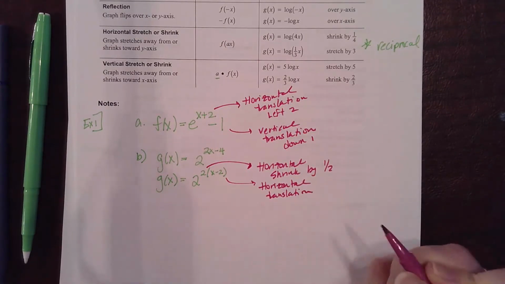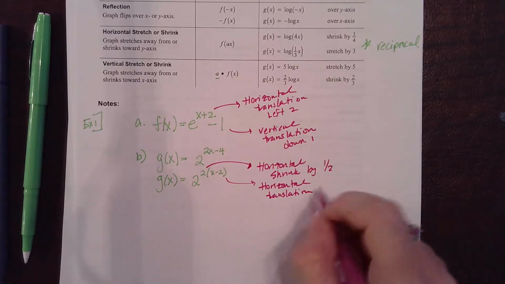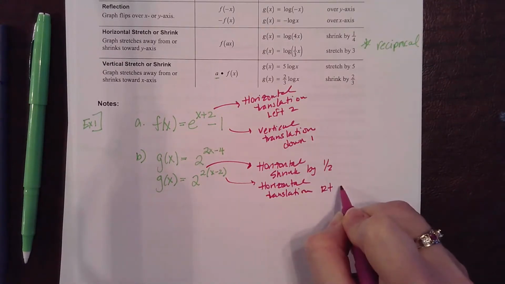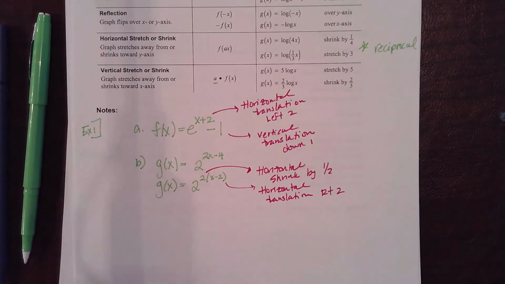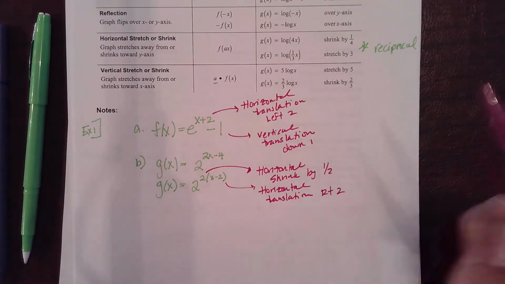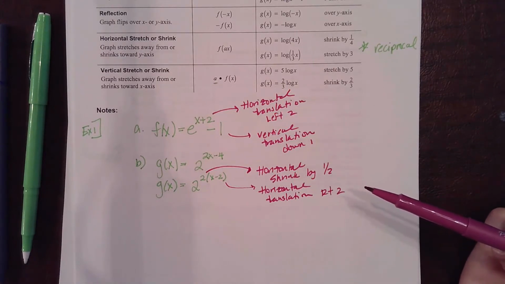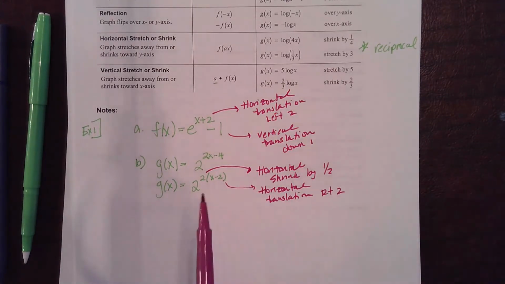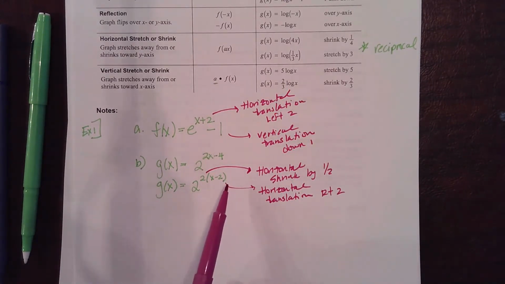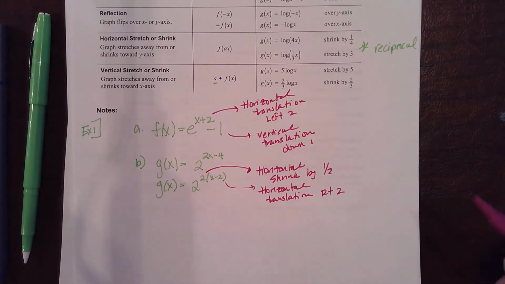That just means right or left, in this case right 2. So if you're looking at it like this, this is how I would describe the transformations. Now you might get a couple of different variations on this, but again, this is the basis for what I'm looking for.